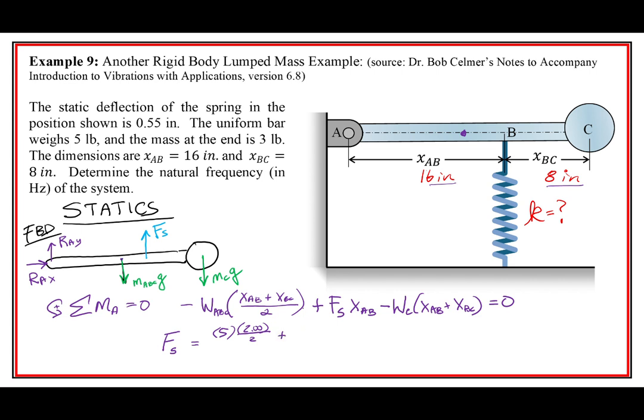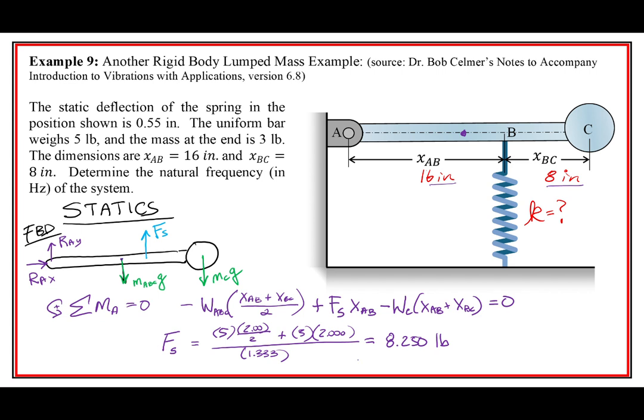Plus the ball was 3, and this is also the X_AB and X_BC added together and divided by 12, 2. And then we want to divide by X_AB, which was 16 divided by 12, which is 1.3333. And so that equals 8.250 pounds.